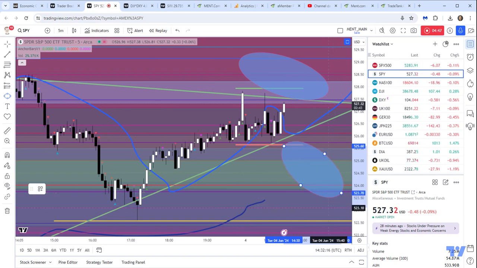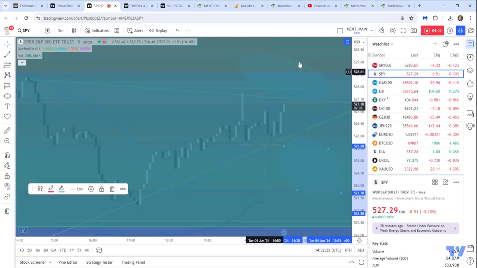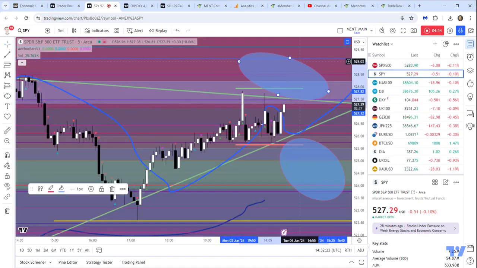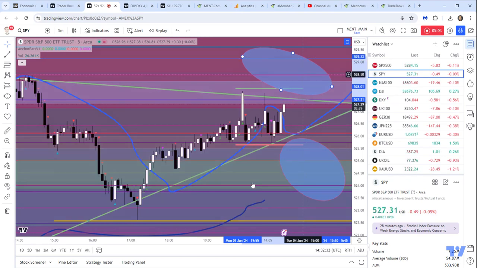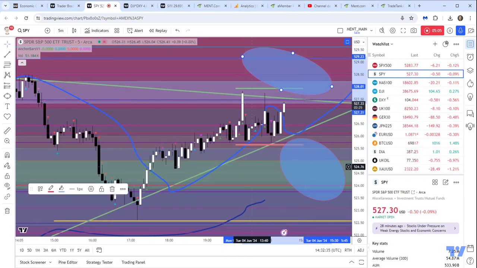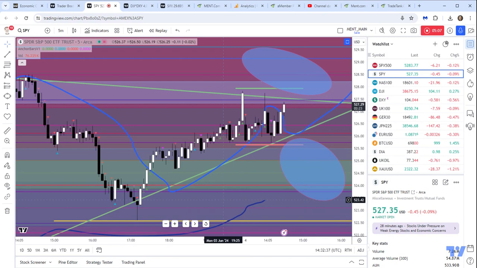So again, breaking away from these levels gives us a pretty clean indication that once we get up here, in this area above this apex, we're getting very clean, what I would call air.